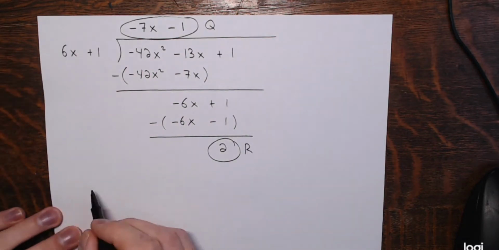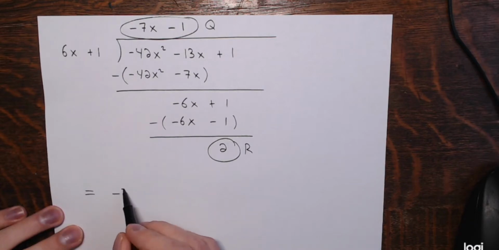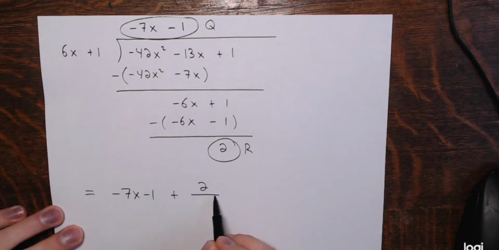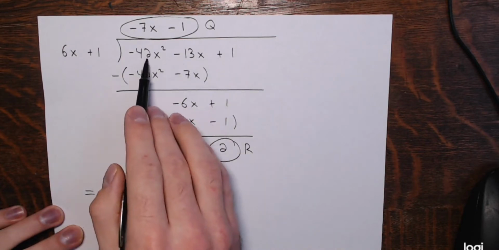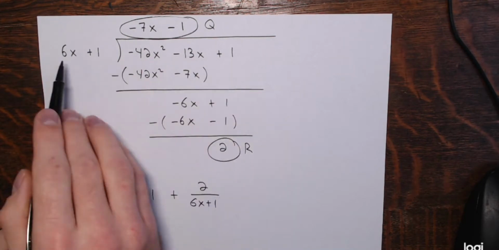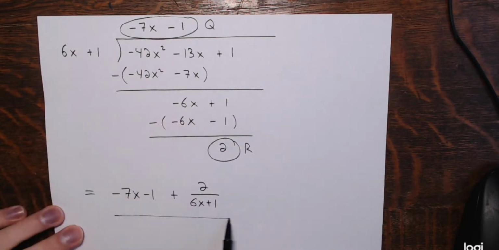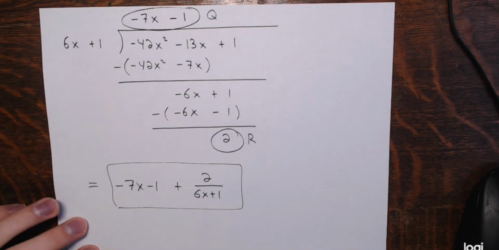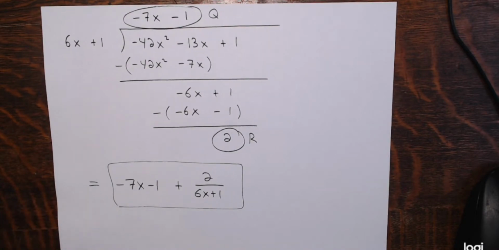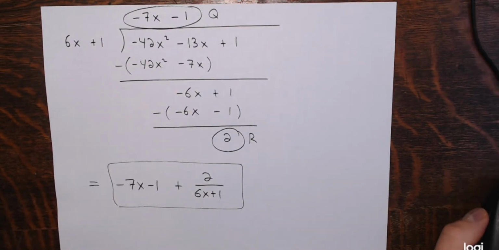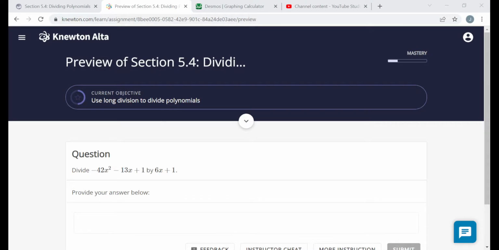And so the result of division here would be negative 7x minus 1 plus 2 over 6x plus 1. If I took the fraction negative 42x squared minus 13x plus 1 divided by 6x plus 1, this would be the resulting expression: quotient plus remainder over divisor.